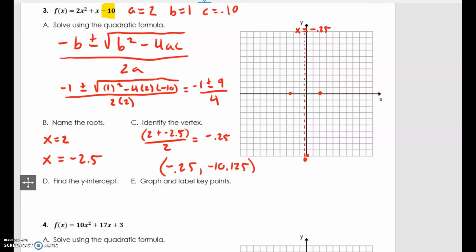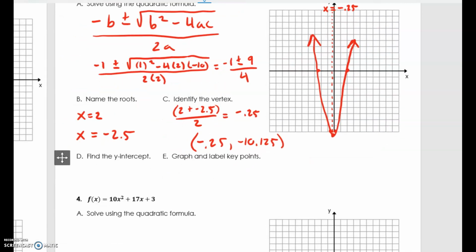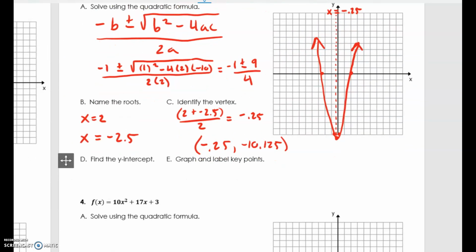And then if you reflect that over, that's only 0.25 away. So 0.25 away on the other side would be about right in there. And that's giving me 5 points. Those points are really close, but I'll let that be the 5 points since that's what we've been practicing. Okay, so I'm going to go ahead and put that down for the y-intercept. It was negative 10. 0, negative 10.